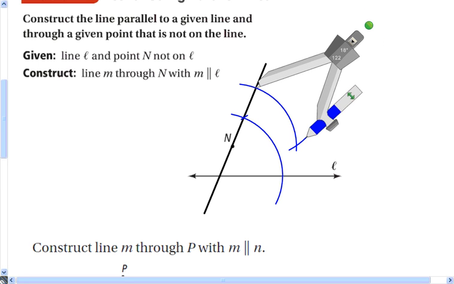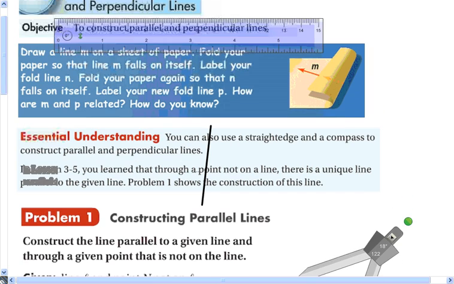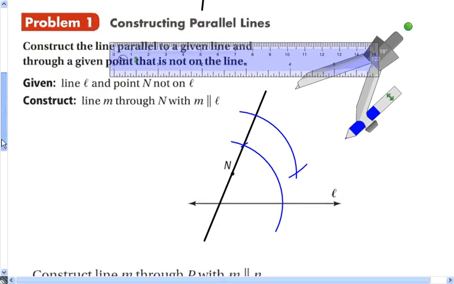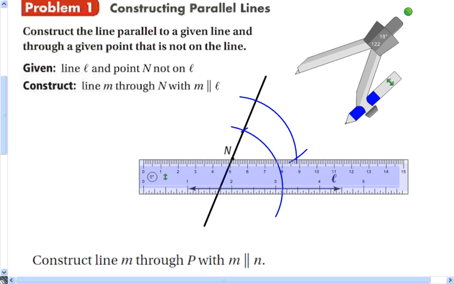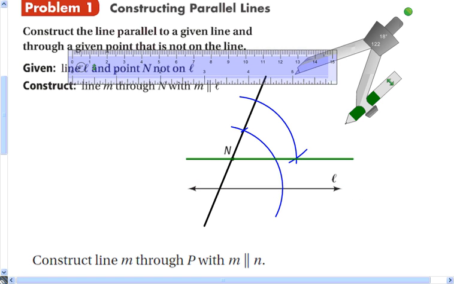And then I can take my straight edge and draw a parallel line, lining up that dot with my cross mark. Now I am certain that those two lines are parallel because this angle here is congruent to this angle here. And if corresponding angles are congruent, then the lines are parallel.